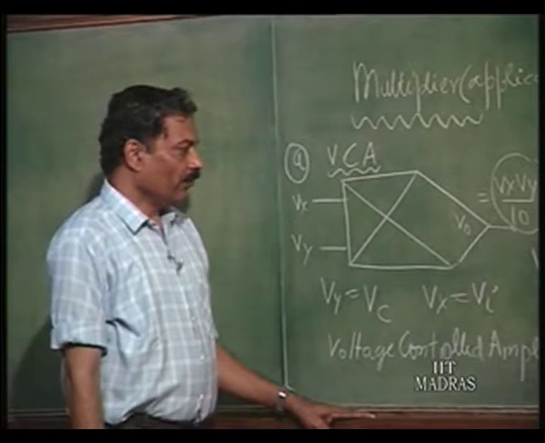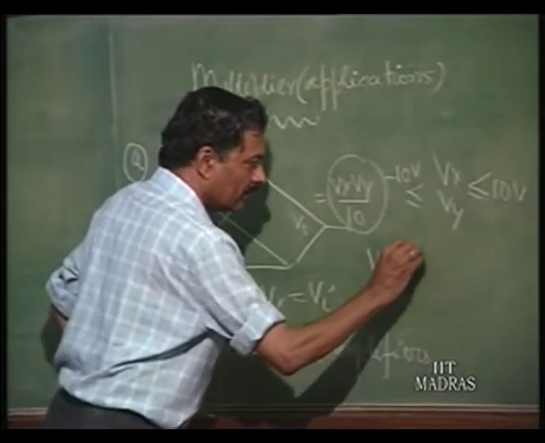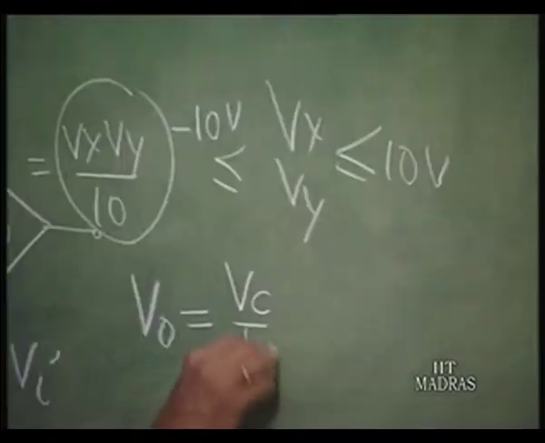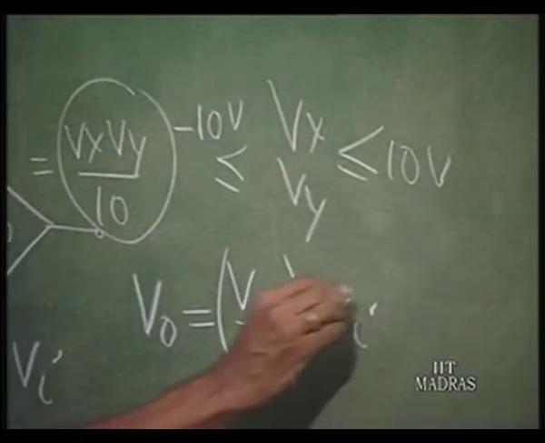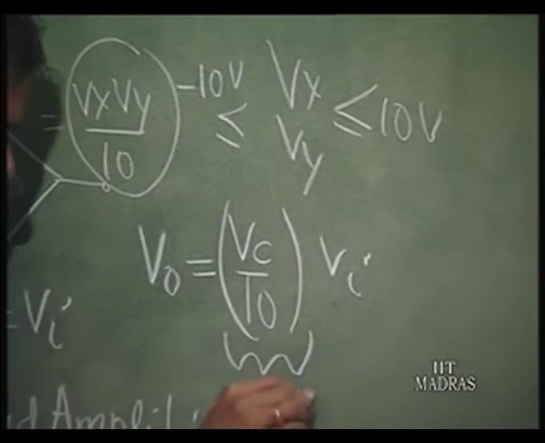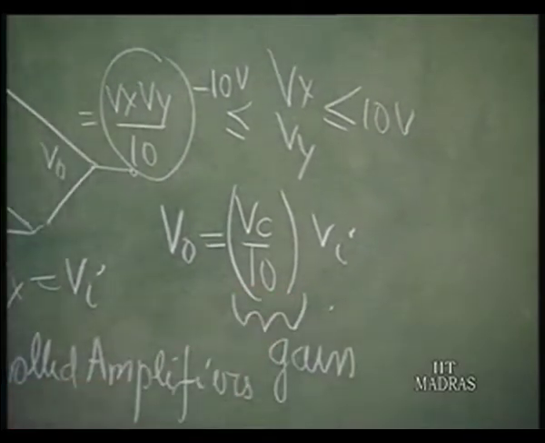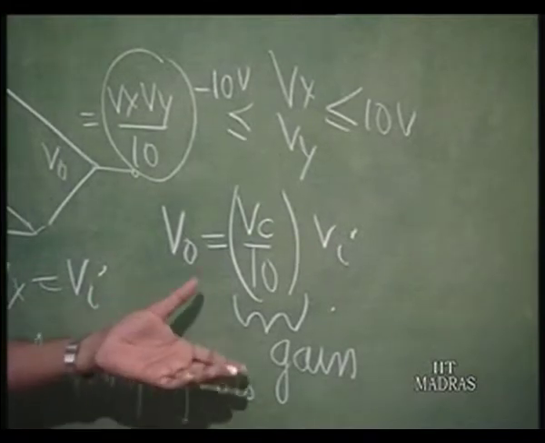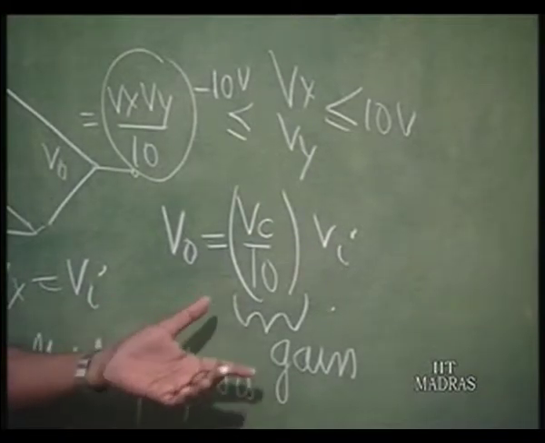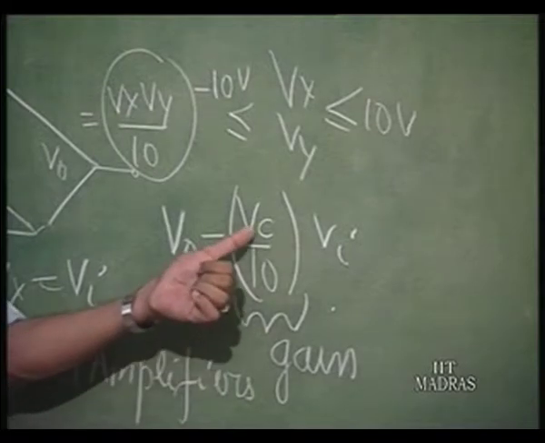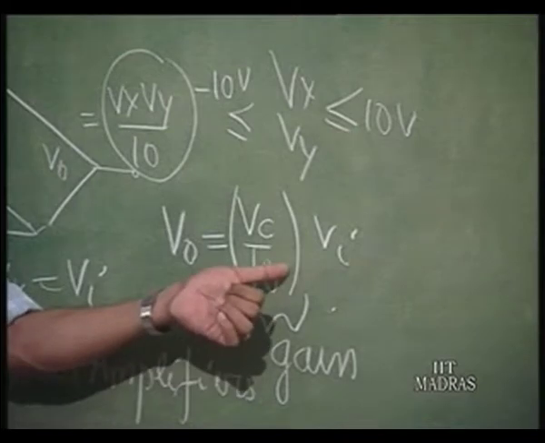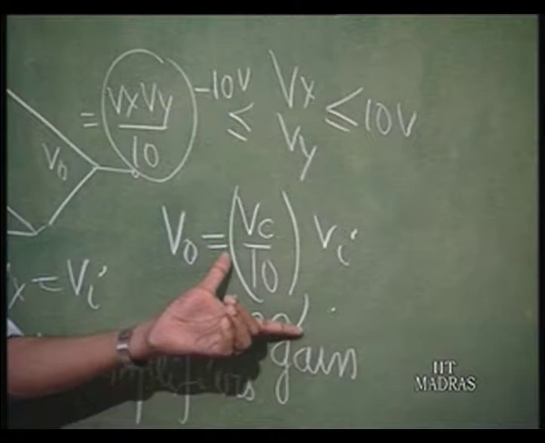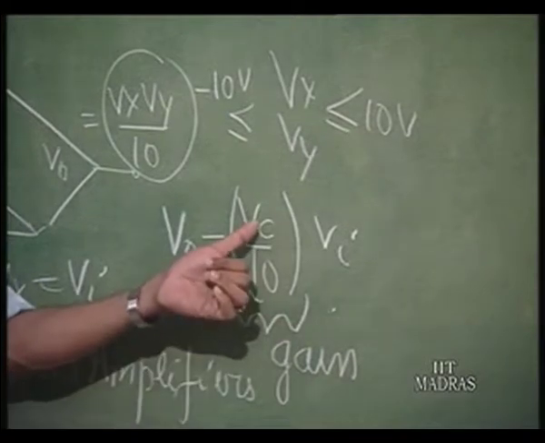So, V naught then equals Vc by 10, which is the gain, into Vi. This is the gain of the amplifier. Gain in the sense we know that it is not really voltage gain that we are talking of, it is power gain. So, this still is an amplifier. Vc is always less than 10 volts, so the gain is always less than 1 in this case of ideal multiplier, but Vc can take on both positive and negative values.